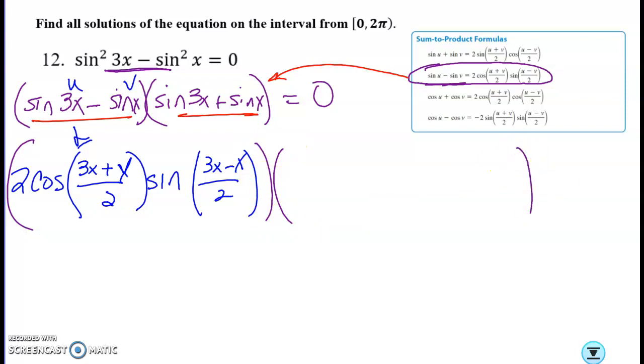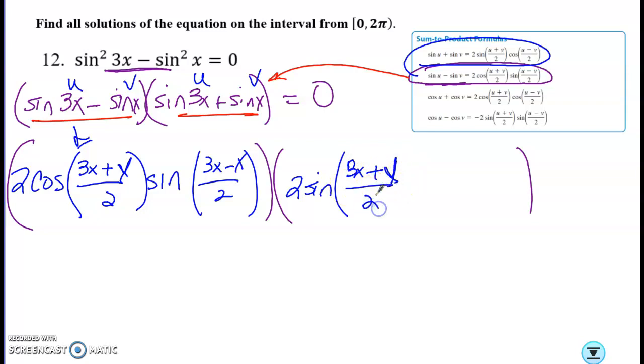Then, second set of parentheses, we have 2 sine of u, which is 3x, plus v, which is x, divided by 2, times the cosine of u minus v divided by 2. And this all equals 0.